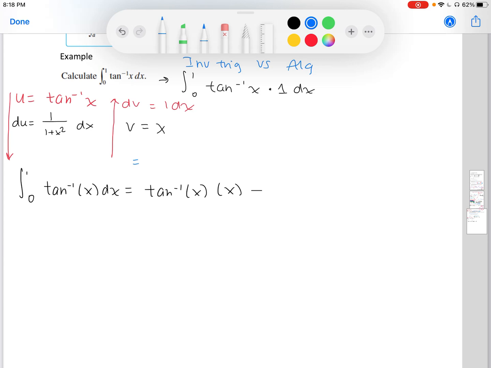Maybe I should have written the formula so that you can follow. We have u times v minus the integral of v du. So minus the integral of v, which is x, and du, which is all of this, times 1 over 1 plus x squared dx.